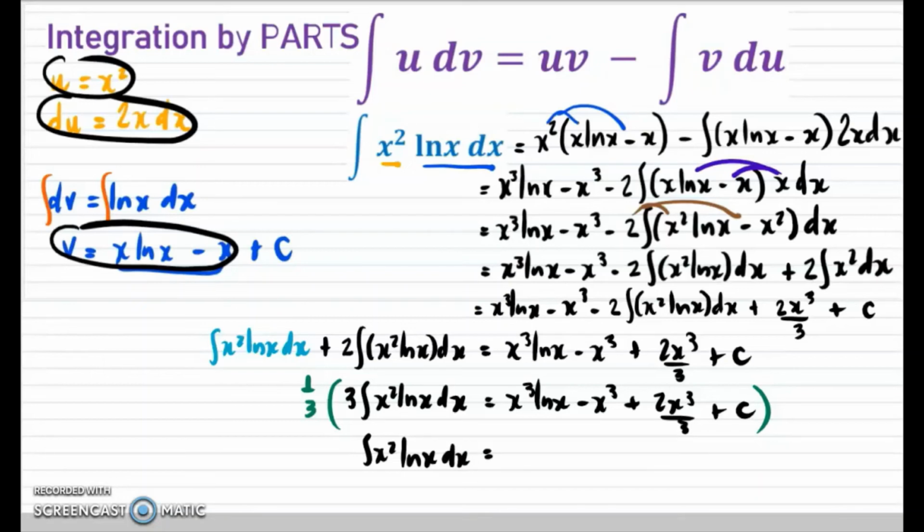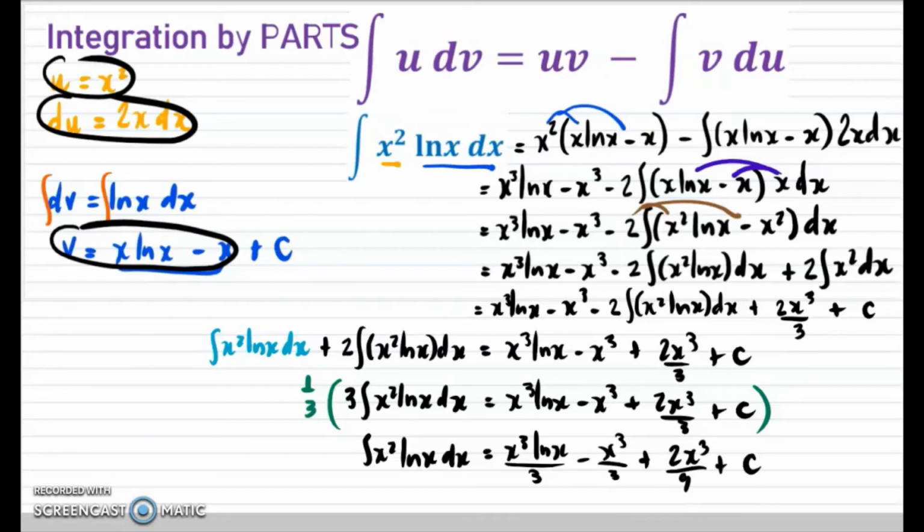So we have x cubed ln x over 3 minus x cubed over 3 plus, we have 2x cubed multiplied by 1/3. So 2x cubed over 3 times 1/3 is 2x cubed over 9 plus c.